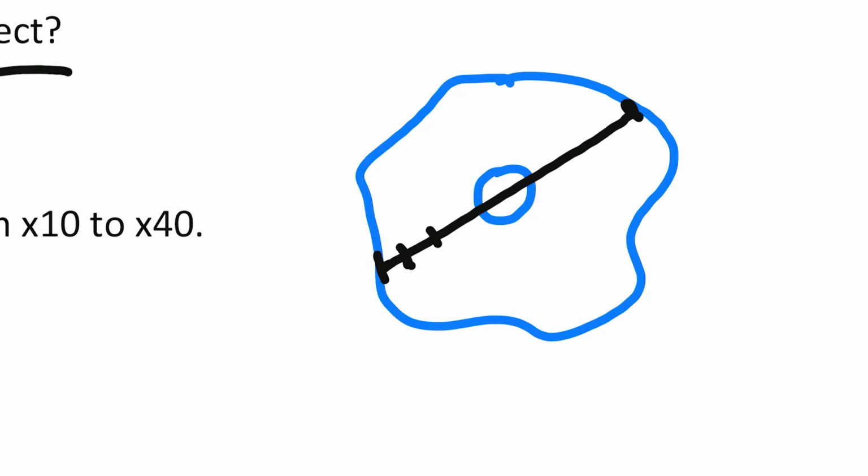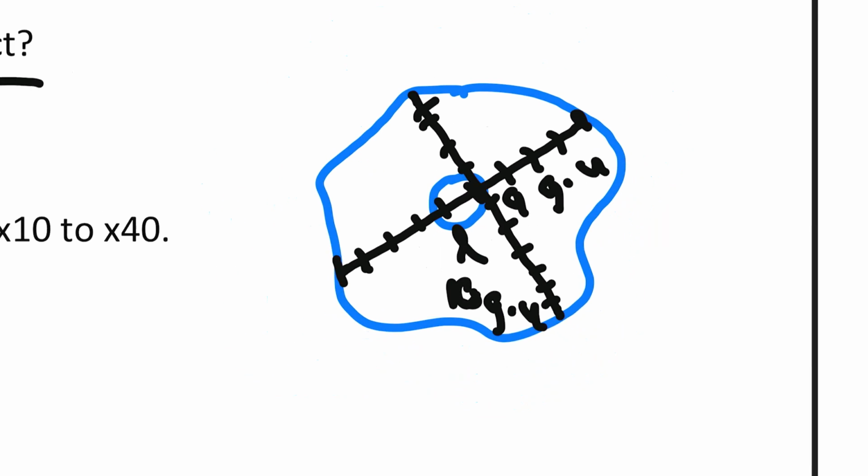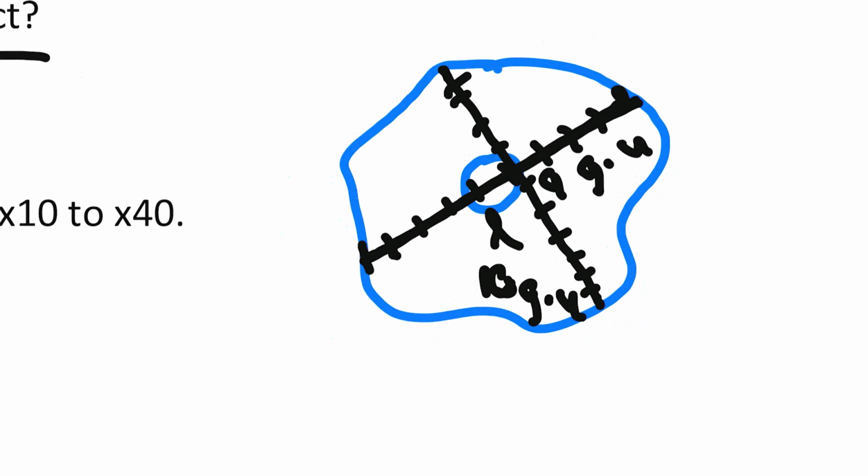For example, if the eyepiece graticule units are 9 for length, and for width, 10, then if the student wants to draw this drawing, the student can draw the length as 9 centimeters and the width as 10 centimeters, right?